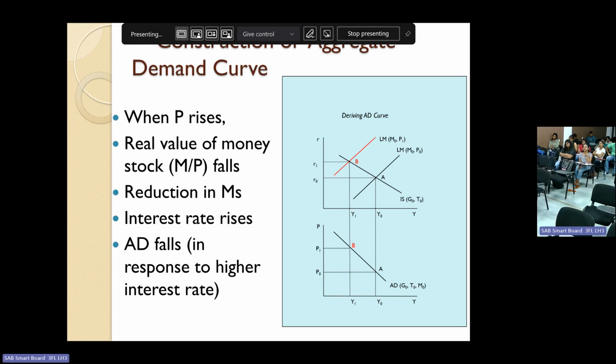When the government raises its expenditure, what happens? The aggregate demand curve shifts to the right. If there are higher taxes, that shifts it to the left. If the money stock increases, what happens? There's a rise in the money stock in nominal terms, and that shifts the aggregate demand curve to the right. So those are the shifting factors.